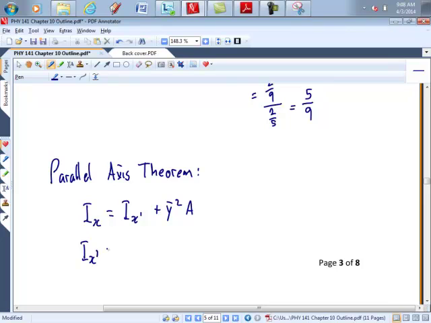So Ix prime equals Ix minus y bar squared A. So that was 0.205 meters to the fourth minus y bar squared. So that's 5/9 squared. Oh, it's meters, yep.